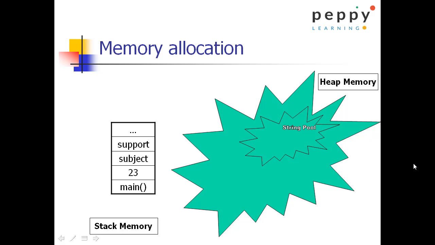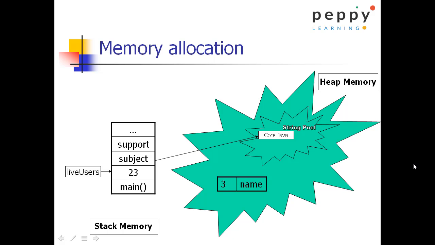Now the main method execution started. Let's say a variable is created called liveUsers and it got a value of 23. Next, we have created a string. Ideally, when you create a string, the string is created in the string pool. The name of the string is core Java. I reference core Java with a variable called subject.